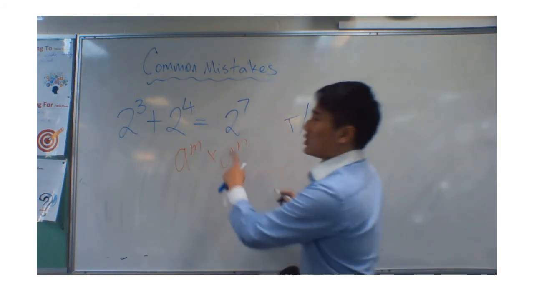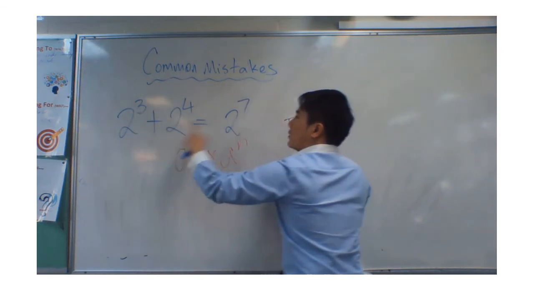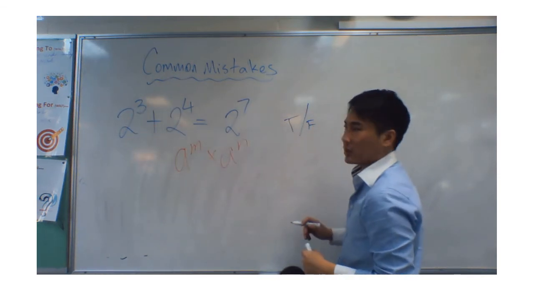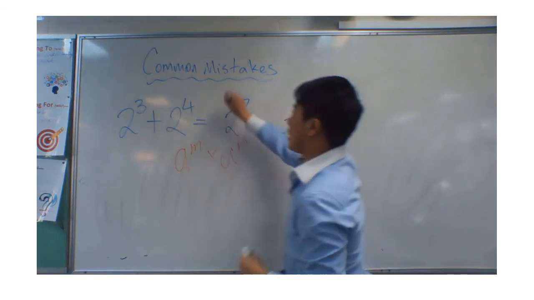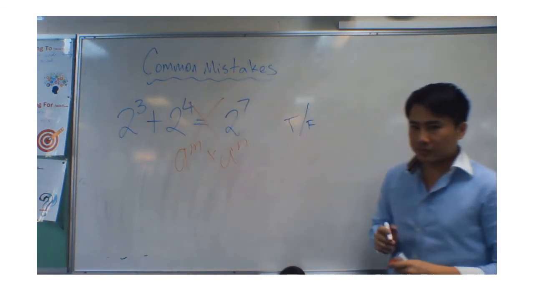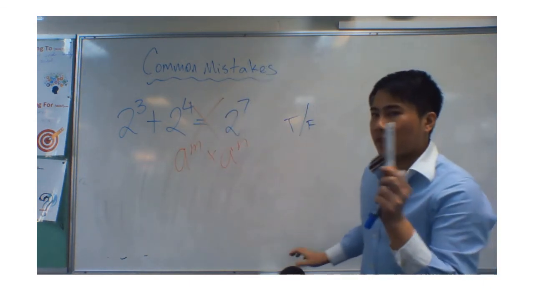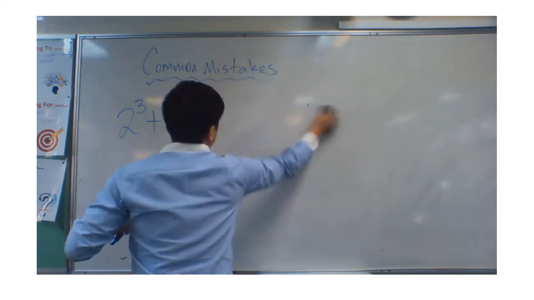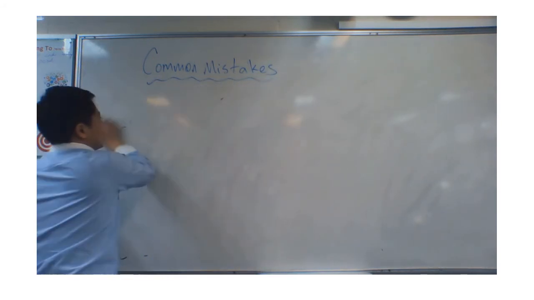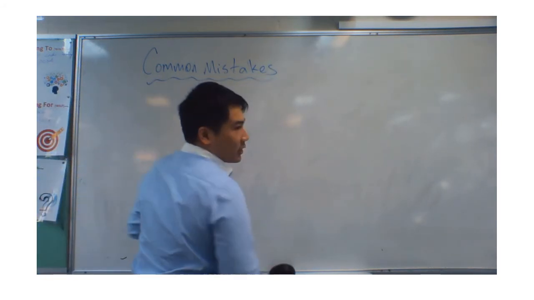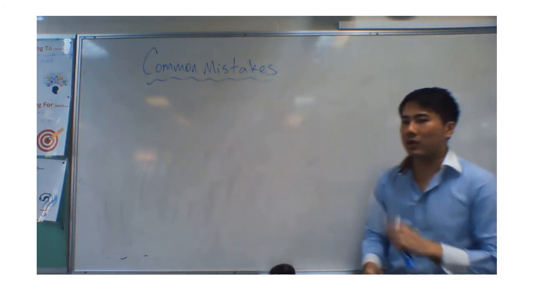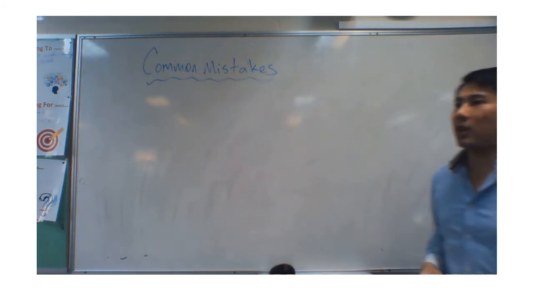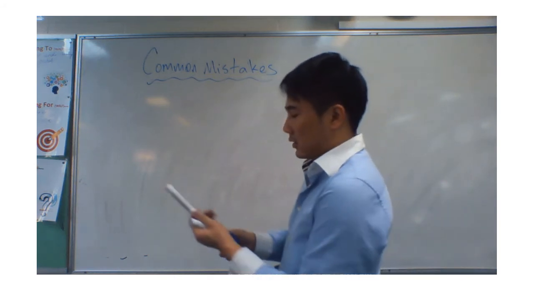So you cannot simplify this by adding the power. Okay, you can't do that. So this is absolutely false. Second thing I have seen is, to make sure you don't make that mistake, check if they are timesing. You can only use your index law if they are multiplying with the same base, not adding.